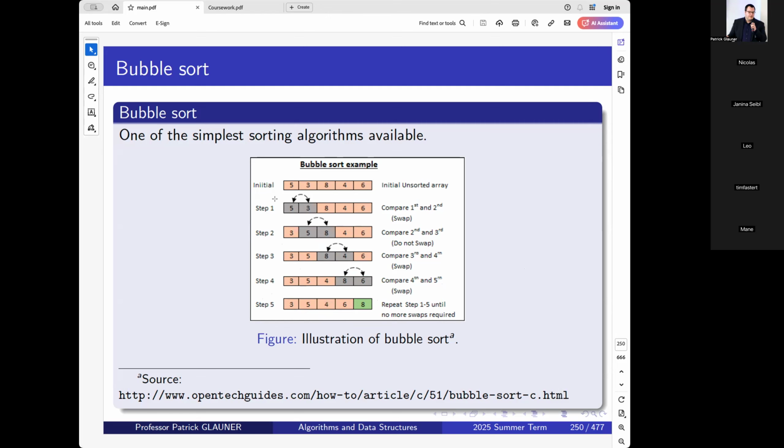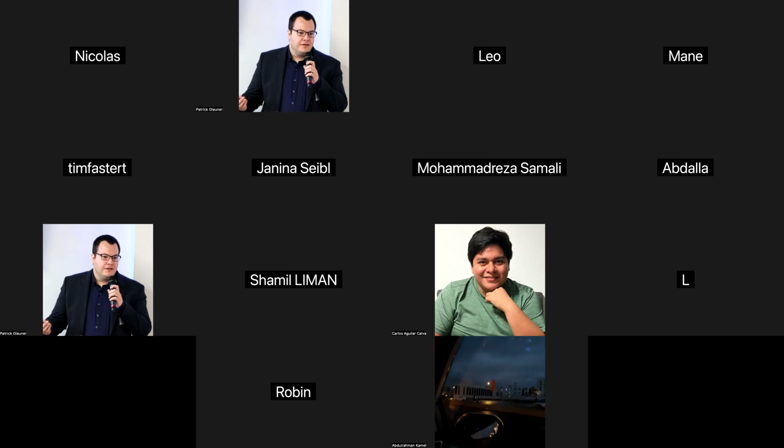We look at the first two elements, 3 and 5, they are sorted. 5 and 4, they are not sorted, so we swap 4 and 5, and then 5 and 6 are sorted, 6 and 8. And we keep doing another pass until it's all sorted. And this is the idea of the bubble sort. It's probably the simplest reasonable sorting algorithm.